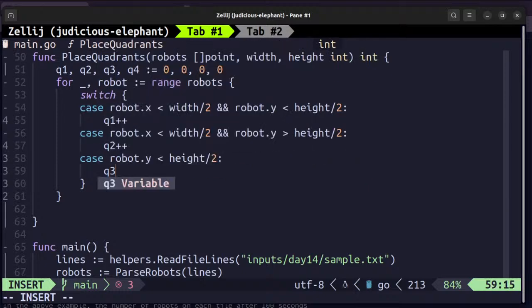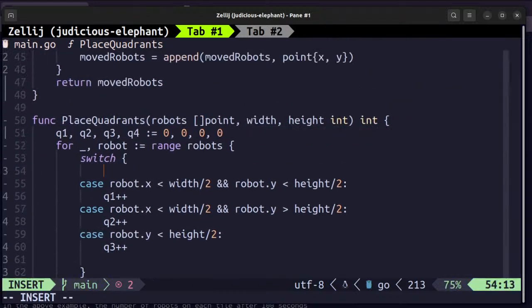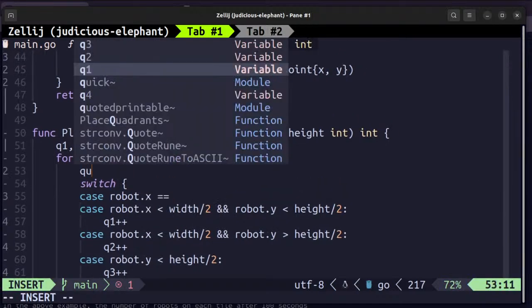And okay, we also need a case for it being in the middle. So for that I'll do one thing: robot of x will be equal to, let's call it quadrants.